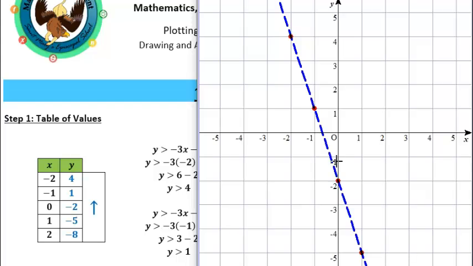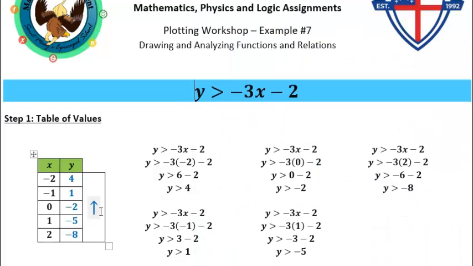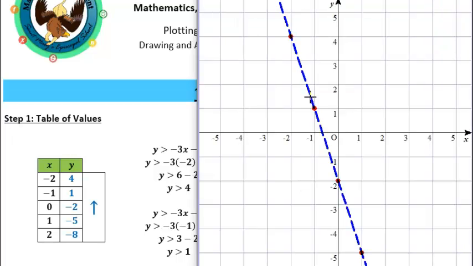Now that's not it. I already have the limit line, but remember what I told you about this arrow. I told you that we're gonna have to color. So this symbol tells me that I'm gonna have to color up. Now what is up? Because you might be thinking right now, I don't see up in here with this line. I might see left and right.